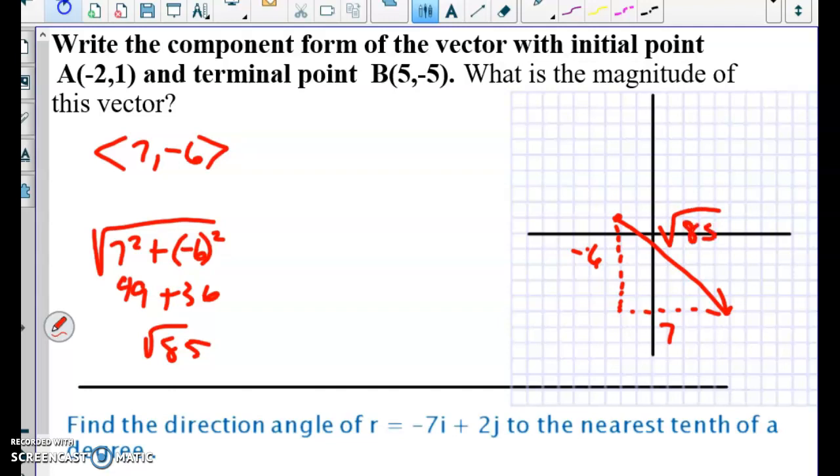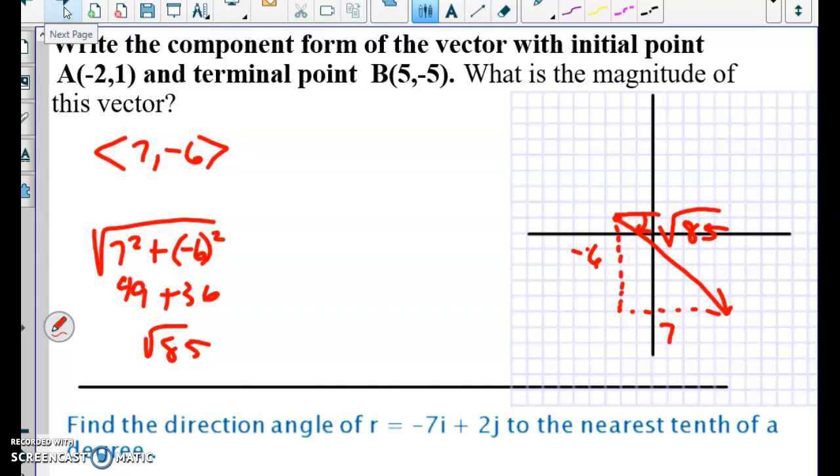That's that. And my direction would be my angle. So the direction of my vector is going to be from the horizontal that direction.